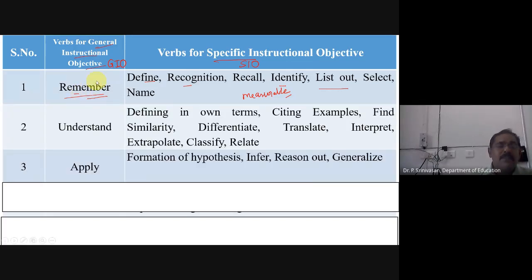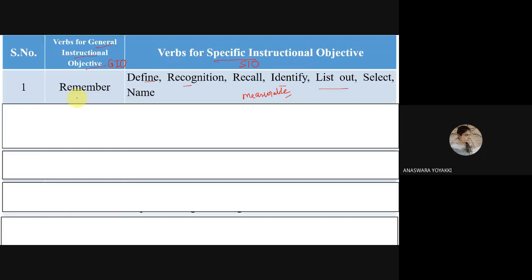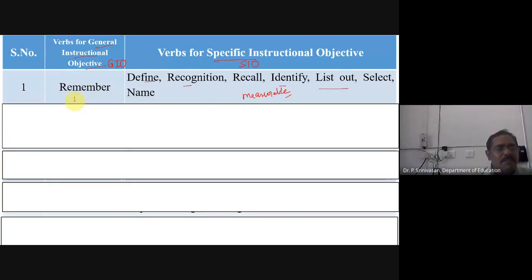It is the opposite. It cannot be measured, it is non-measurable. One more difference is there.